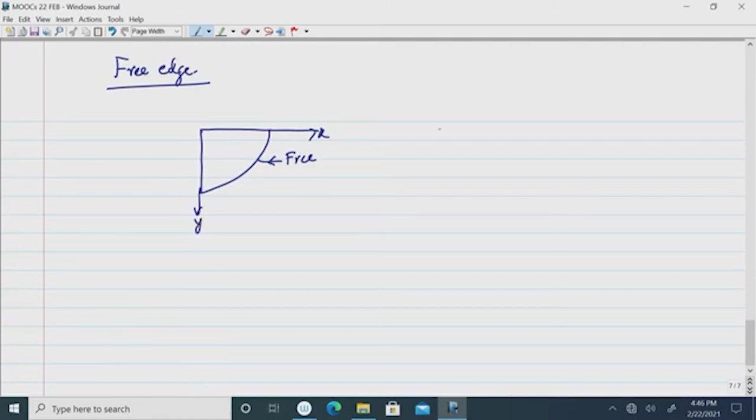So, along the free edge, if this is taken as an arc length S, q s, the shear force along this S direction, plus the twisting moment and its derivative with respect to the tangential direction. So, at any point on the curved boundary we have two directions, along the tangent t and normal to the tangent n.